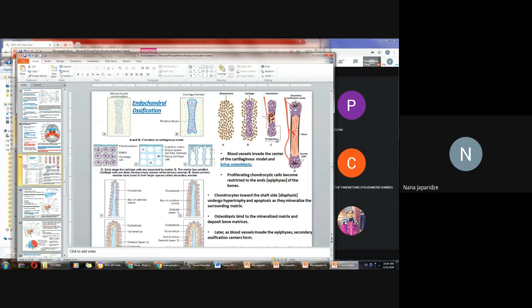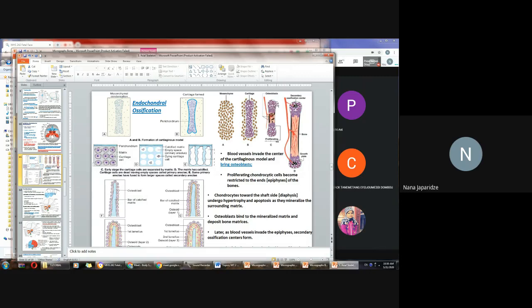These empty spaces fuse with each other and give rise to the primary areoli. The spaces are called primary areoli. They are separated from each other by the calcified matrix. Look, the bars of calcified matrix.